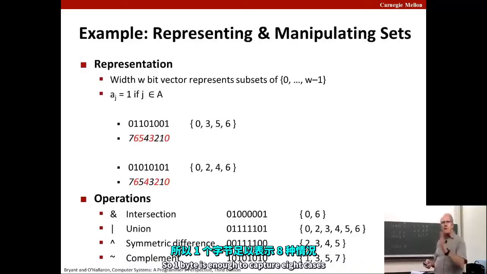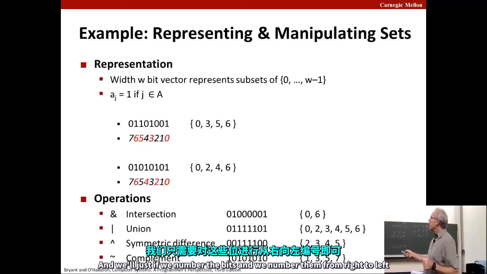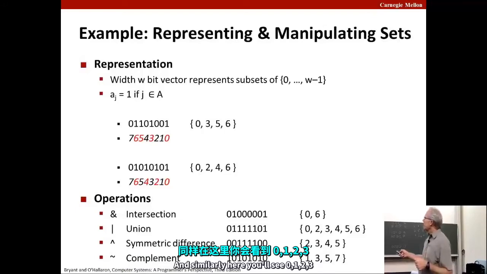So 1 byte is enough to capture 8 cases. If we number the bits from right to left, this is bit 0, so that would represent whether or not the value 0 is an element of the set. And similarly here you'll see 0, 1, 2, 3.